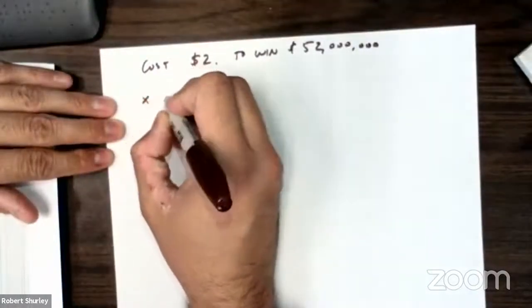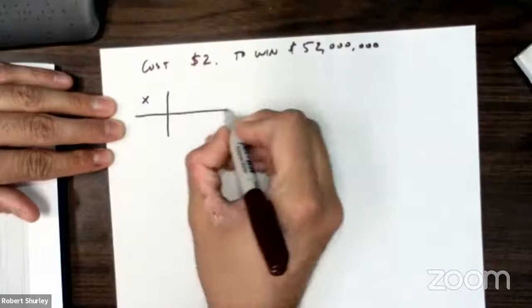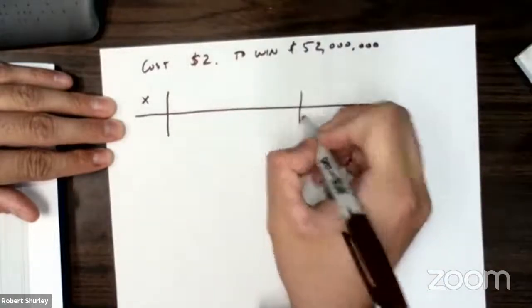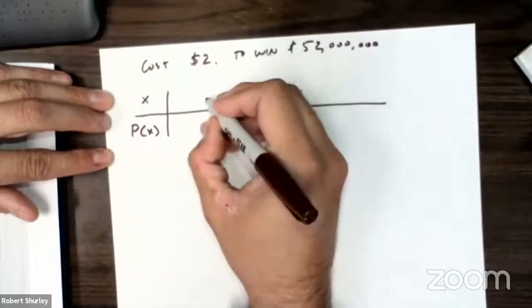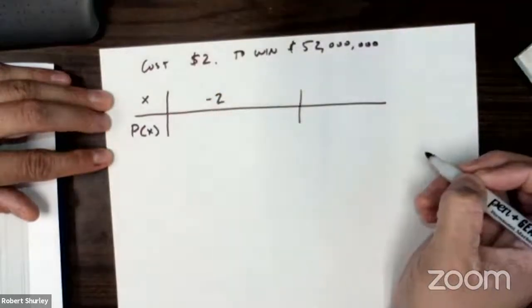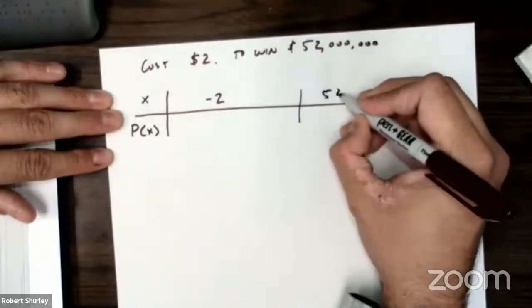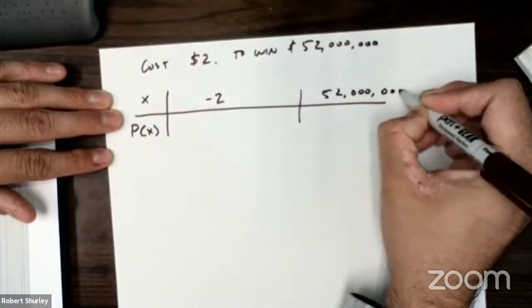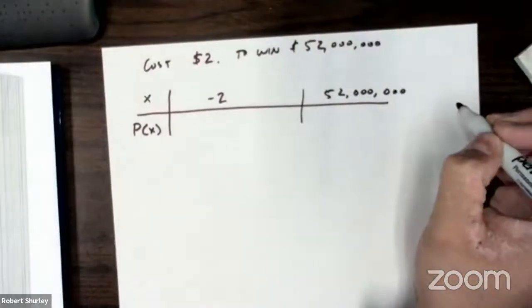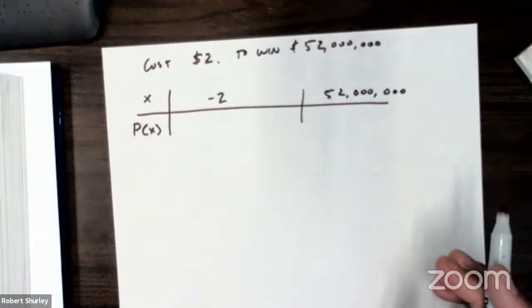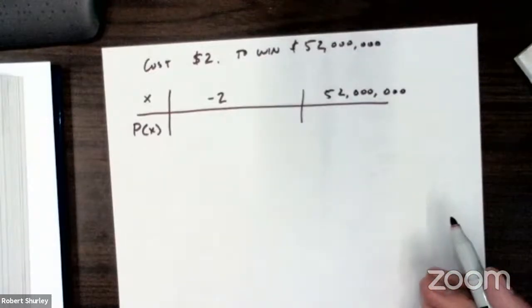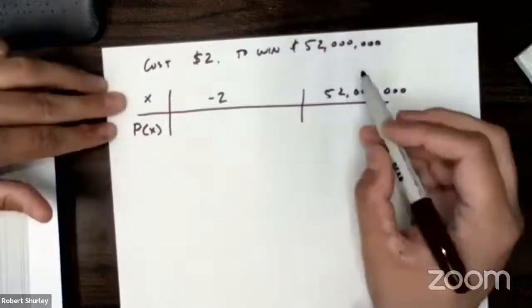If I want to set this up as the outcome and the probability. Now, the cost is $2. This is what's probably going to happen. But we could win today 52 million, right? And we don't even win 52 million. It's really half of that because if you take out taxes, oh, I should put that in there. You know what? It's a real world example. Let's put that in there.